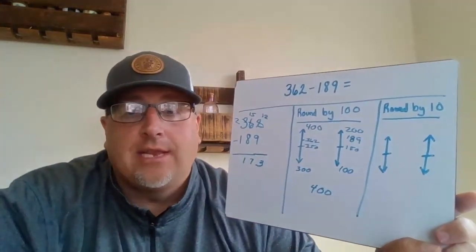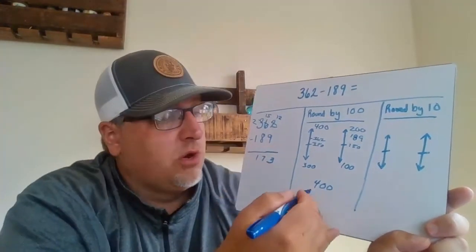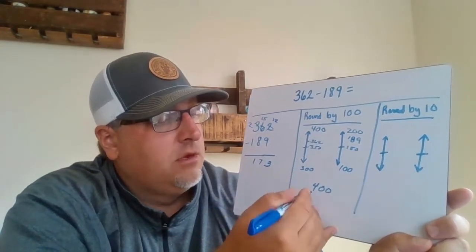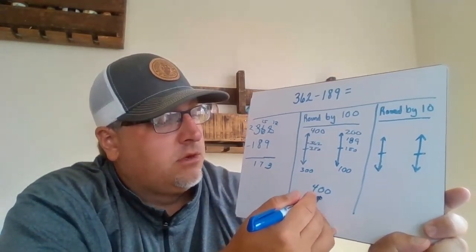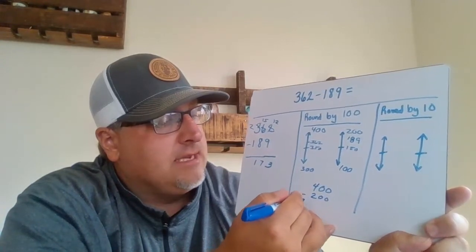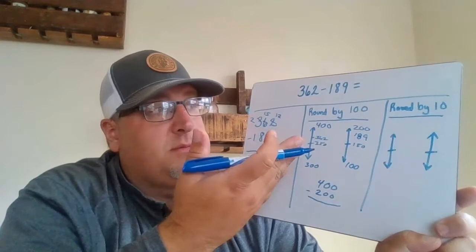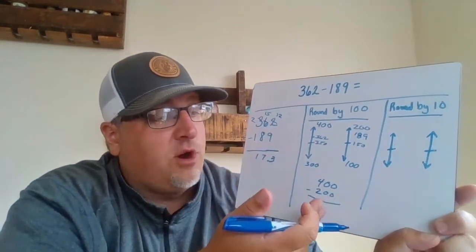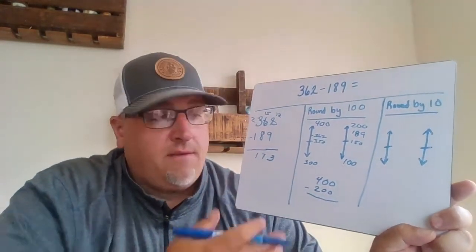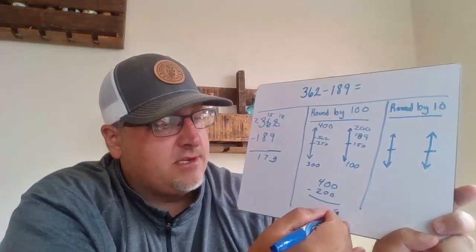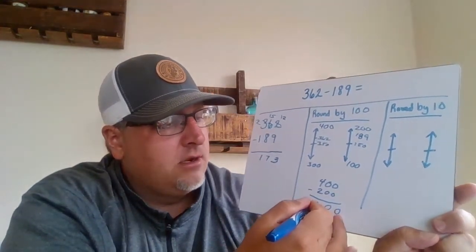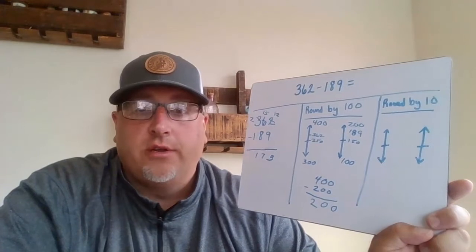So that is telling us that we're going to round up to 200. So look at how easy that one just became. By rounding by 100, we get 400, we get 200. 400 minus 200, that's easy to subtract. Look at that. Our answer is 200.